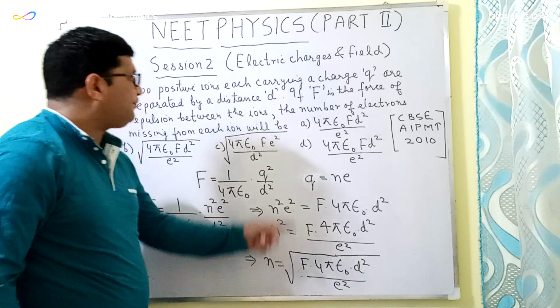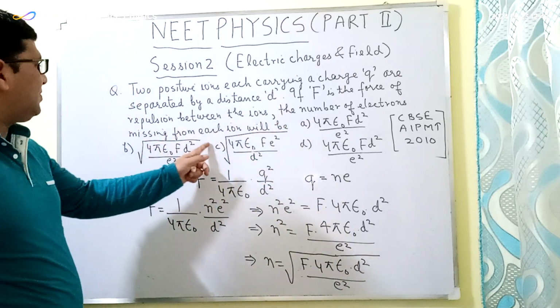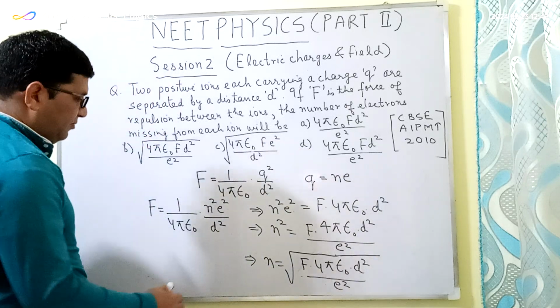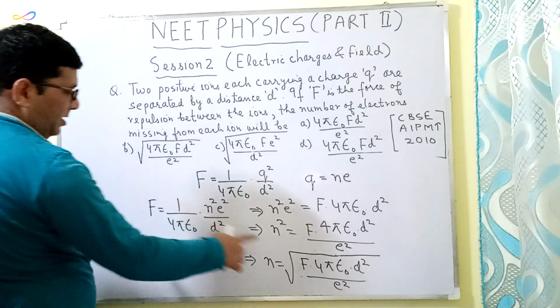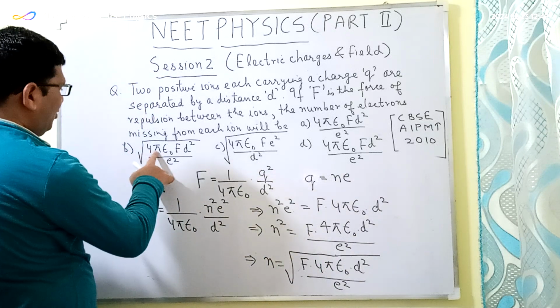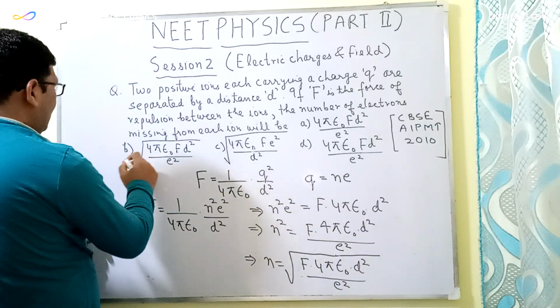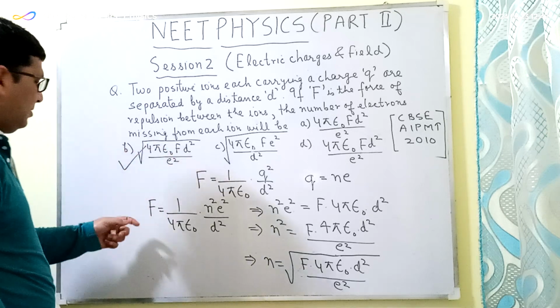Here n is the number of electrons which are missing from each ion. So our correct option will be under root of 4 pi epsilon naught F d square divided by e square. So the correct option here is B.